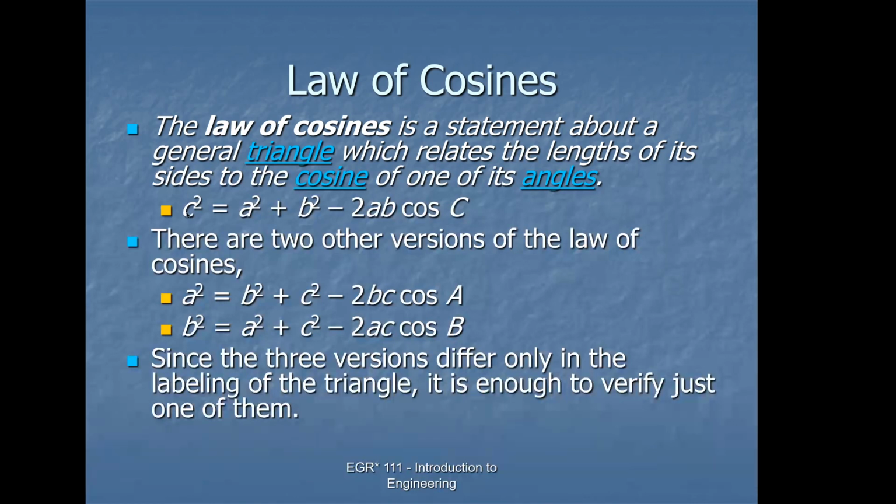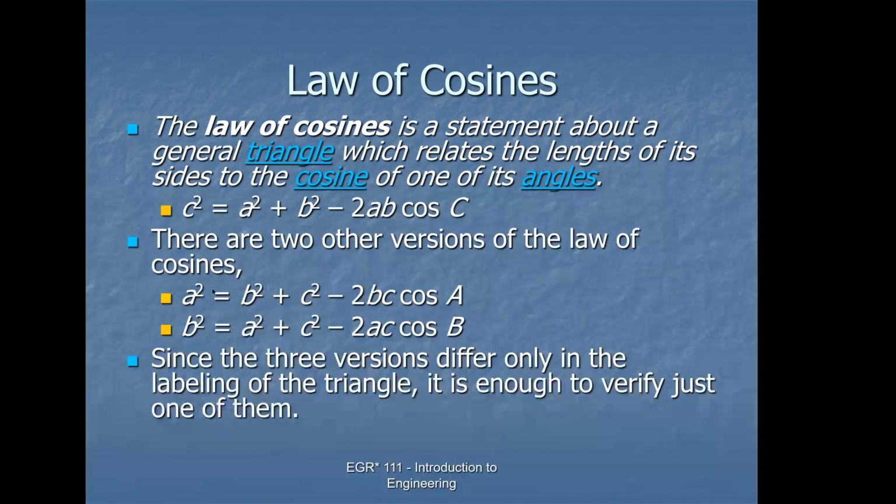Basically it says that if you have three sides, A, B, and C, and you're looking for the relationship between these, the square of the C side, whatever side you decide that to be, is equal to the one side squared plus the other side squared, minus 2 times AB times the cosine of the angle, which is the angle essentially opposite of this side. Well, if you square root both sides, you can actually find that value of C. All right.